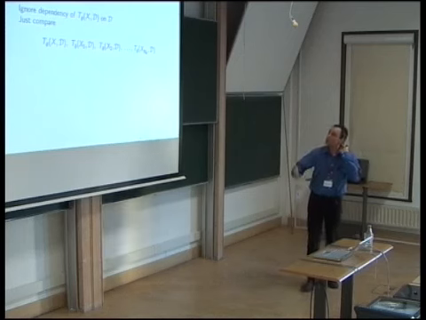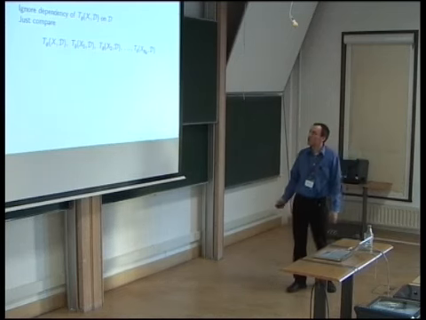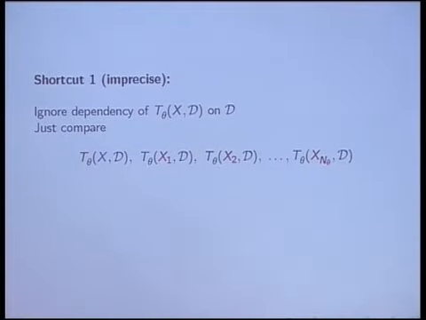Now you can imagine that this permutation procedure is rather computer intensive, depending on what type of test statistic or what classifier you have in the background. There is a possible shortcut which is not advisable, but which is used implicitly in some software. That is, you just ignore the dependence of your test statistic on the training data. That means you construct your test statistic, and then you just plug in your new observation and your training observations, and just ignore this.